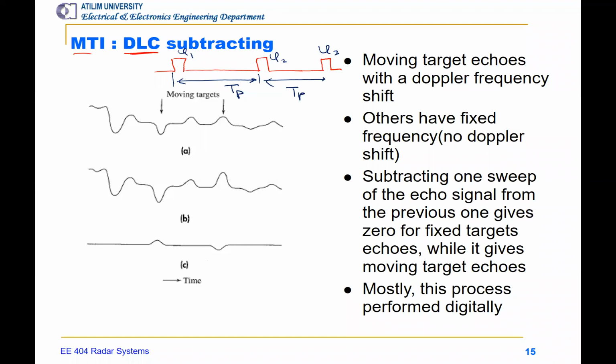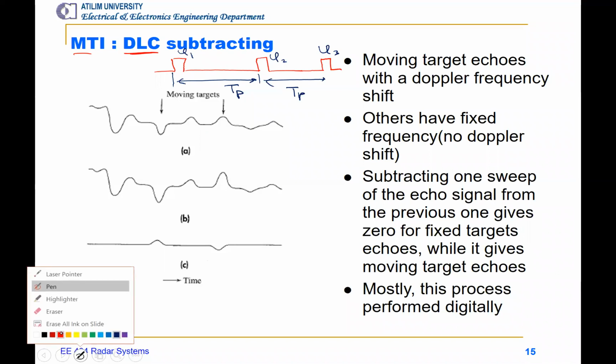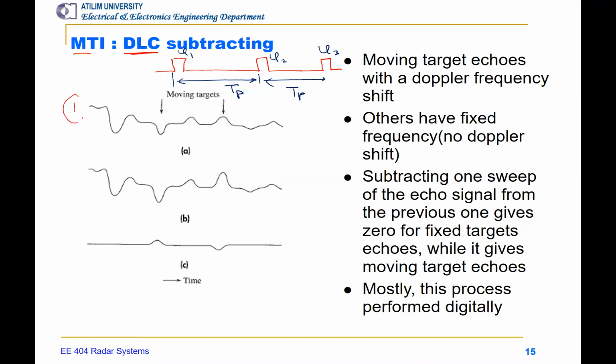So in this illustration here, let's say the first pulse response, and here is the second pulse response. When I say pulse response, actually we talk about one TP, one PRI. We transmit one pulse and listen to the echo signals, and then transmit the second pulse, listen to echo signals, and then subtract them. Okay, but phase, not amplitude.